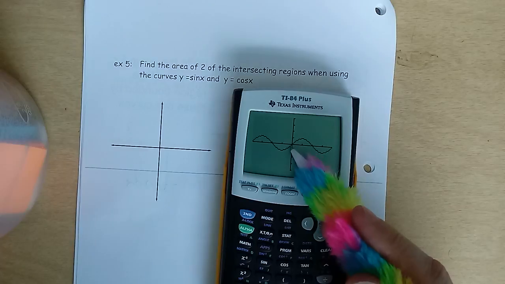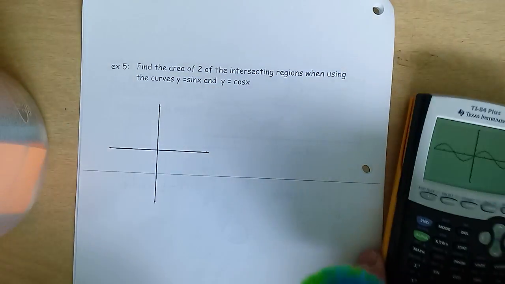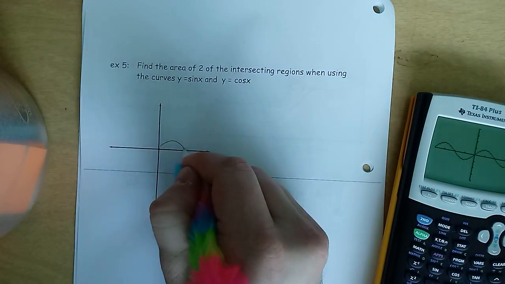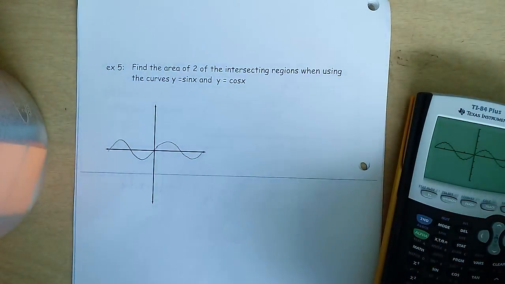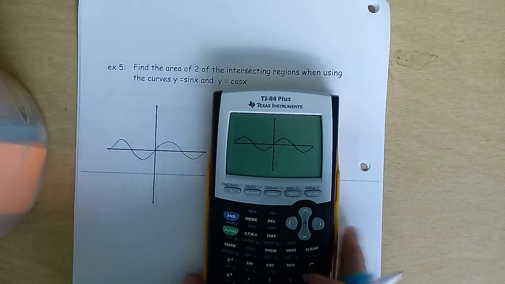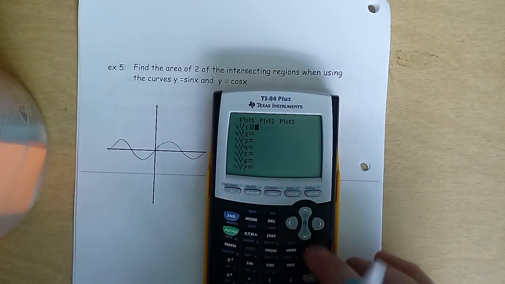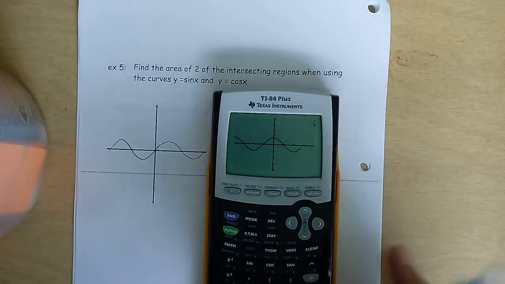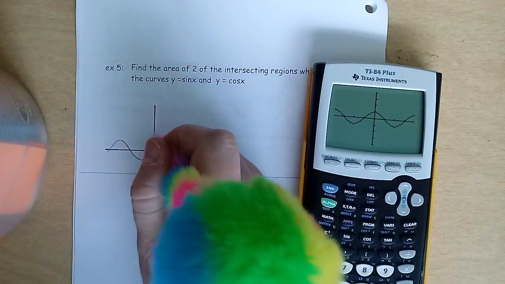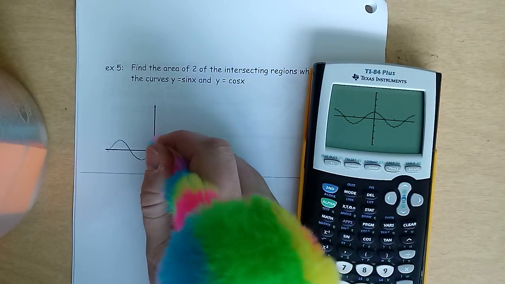So it goes through the origin and then bounces up and down. And then similarly, cosine of x, instead of starting at the origin, has a y-intercept of 1 and then begins to bounce down and up.